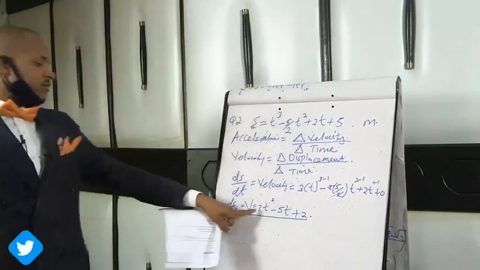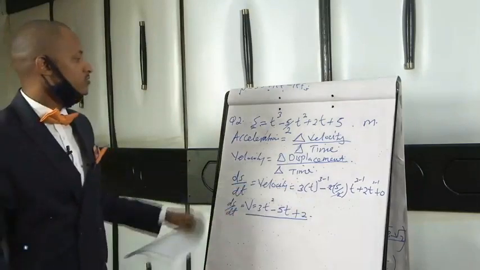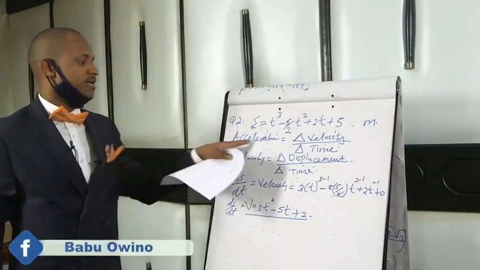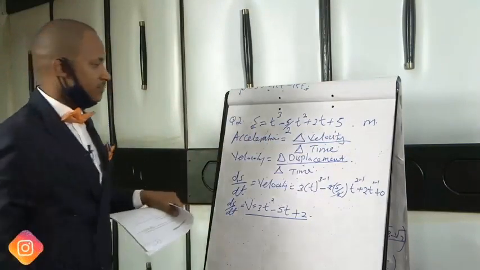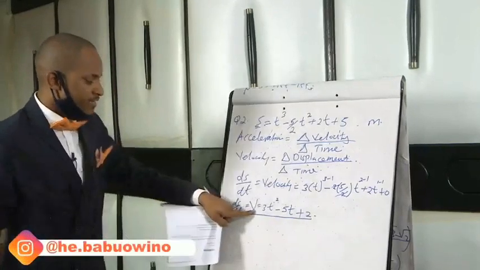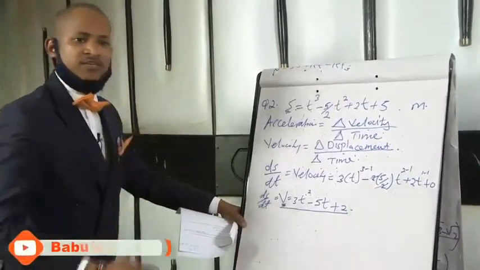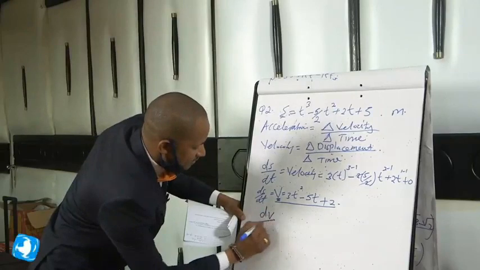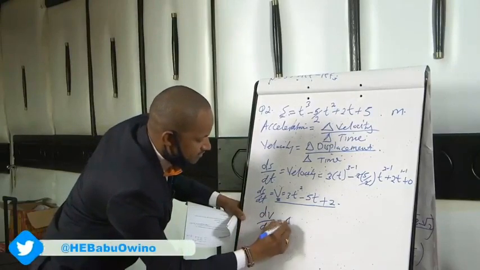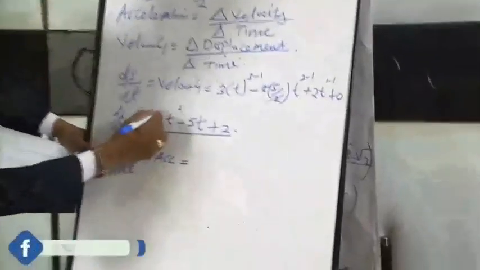So this is our velocity. Now, we know our velocity is 3t squared minus 5t plus 2. We want to find the acceleration, and we said acceleration is change in velocity divided by change in time. Therefore, to get the acceleration, we further differentiate the velocity, which gives us dv/dt.